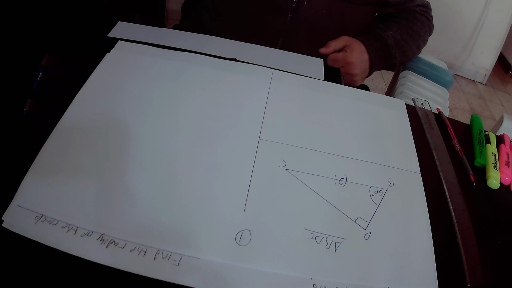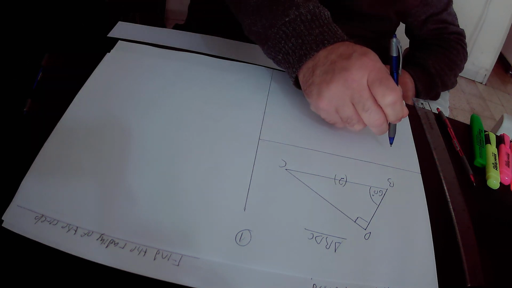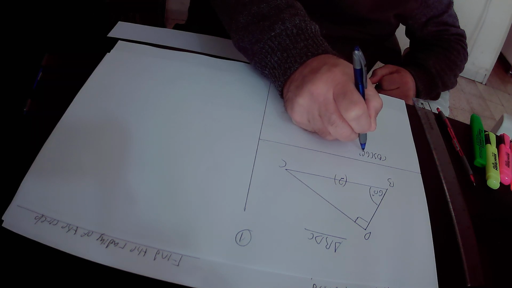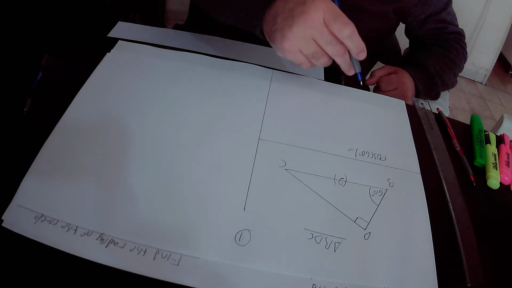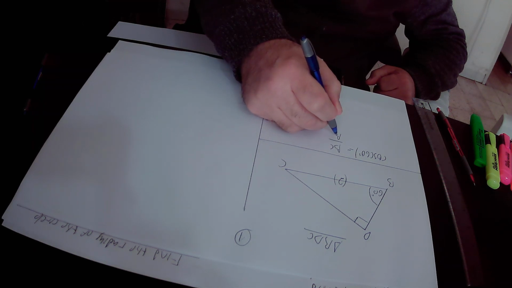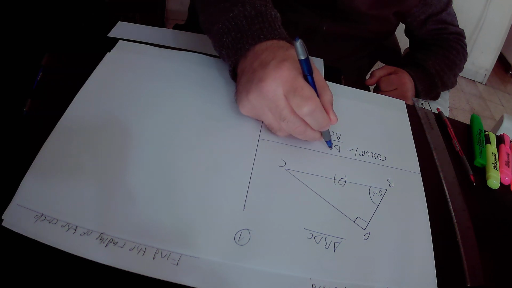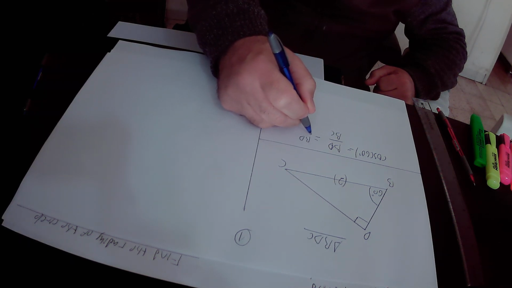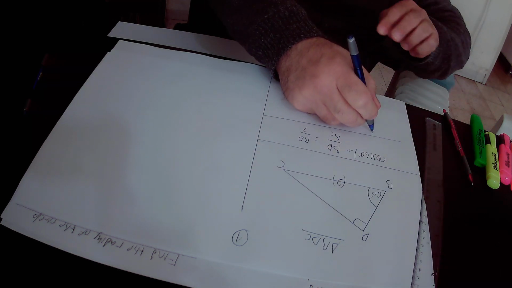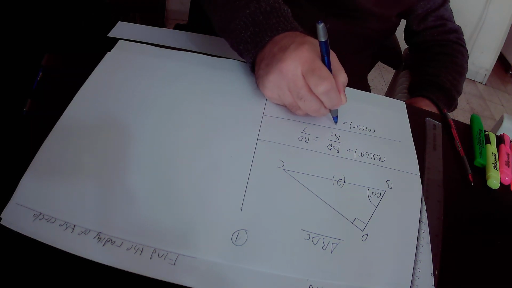So in the right triangle BDC, cosine 60 degrees equals BD over BC, and BC is 2, so cosine 60 degrees equals BD over 2.